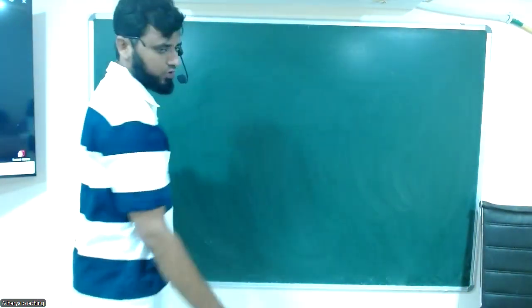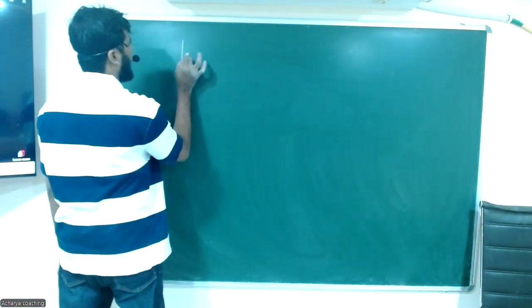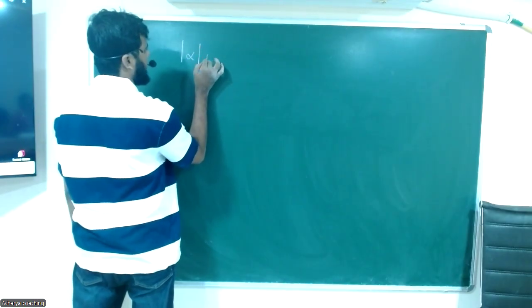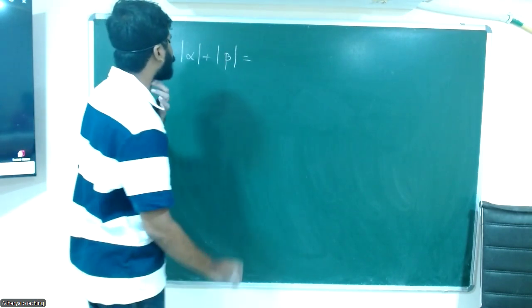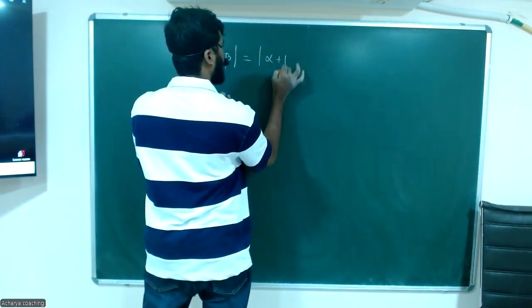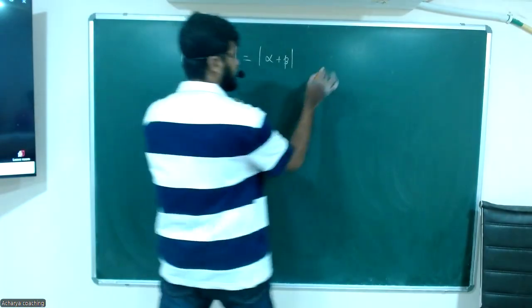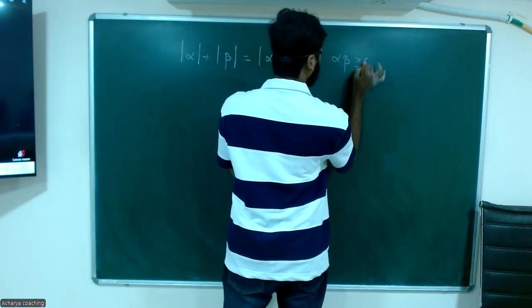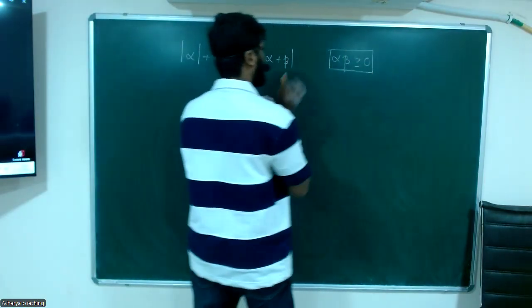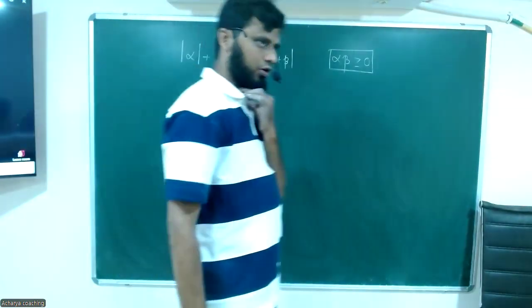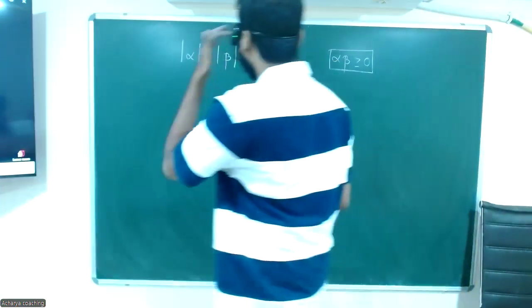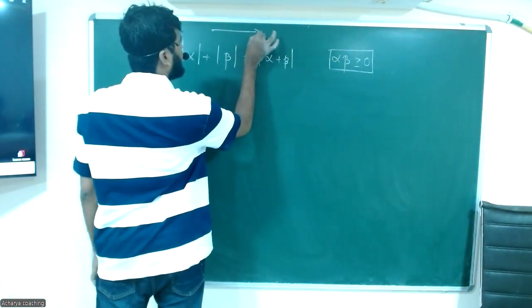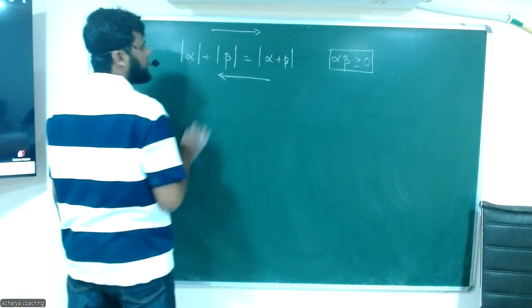Next property of modulus. Modulus of alpha plus modulus of beta. This is the same as modulus of alpha plus beta, with one condition: alpha into beta should be greater than or equal to 0. You should know this property in two ways, from right to left also and from left to right also.